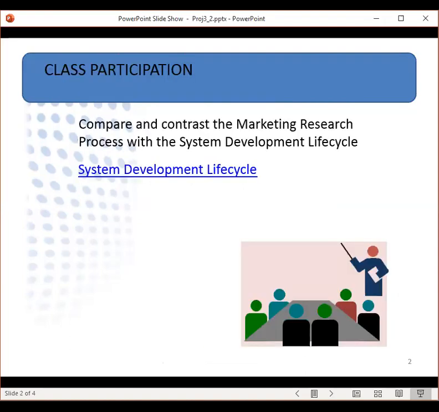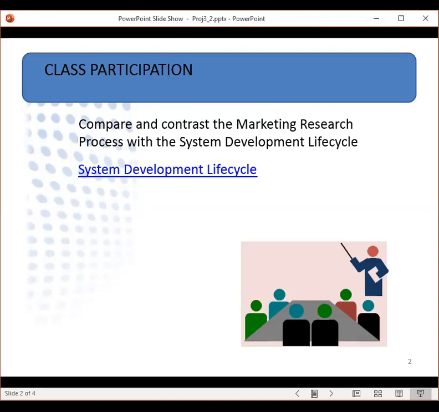What I'd like you to do in this particular class participation is compare and contrast the marketing research process with the system development life cycle that's popular in information technology. They both are dealing with projects, and let me know the similarities and the differences between the two processes.